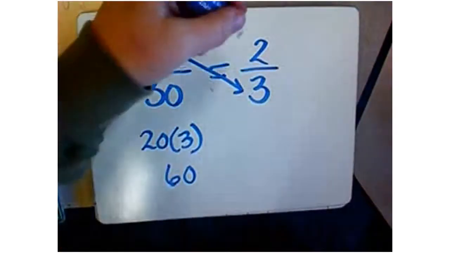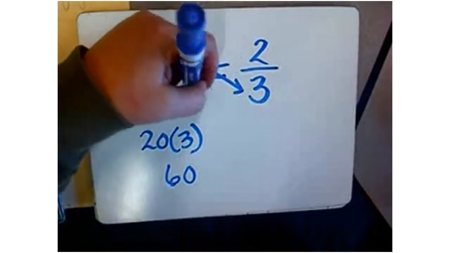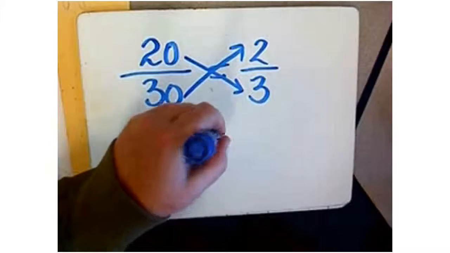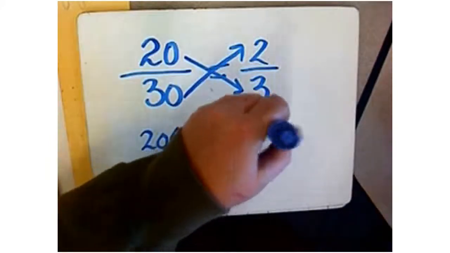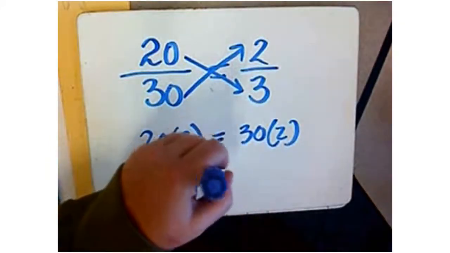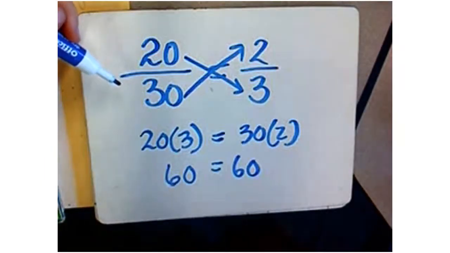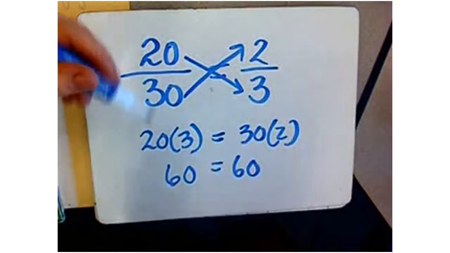And then we go the other way. The denominator from the first fraction times the numerator of the second fraction, 30 times 2, which is 60. And 60 equals 60, so that shows that these cross products are equal, therefore the proportions are equal.